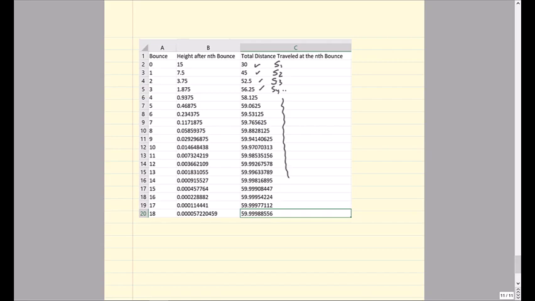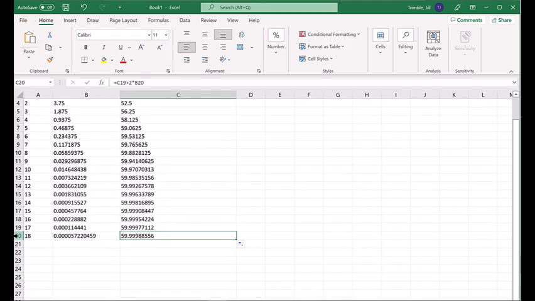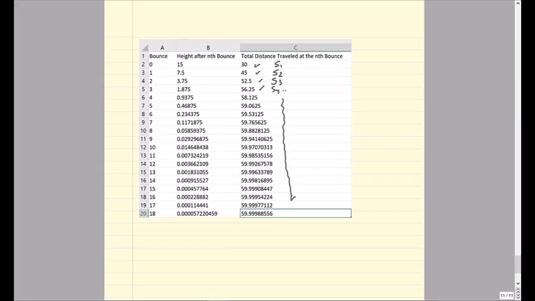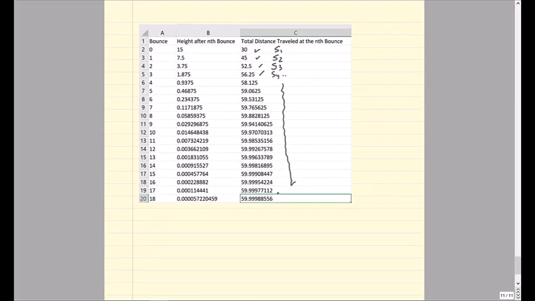As I move on down here, let me pop open here. I might not have brought all my partial sums across. Oh yeah, here I am at row 20, so I'm good. I can see that this is approaching 59.999885556.